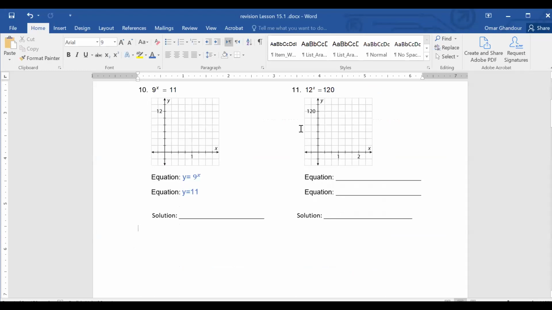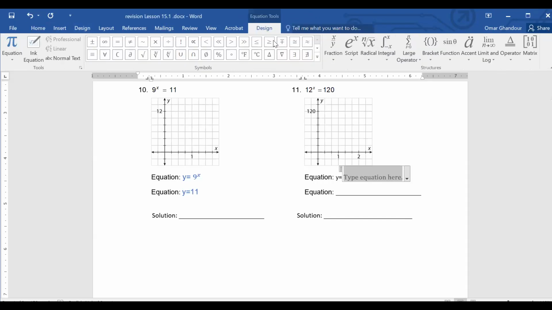Okay. Again, the first equation is 12 to the power of x. So here, I'm going to write that the first equation is y equal to 12 to the power of x. Insert the equation, 12 to the power of x, and here you are writing an x.